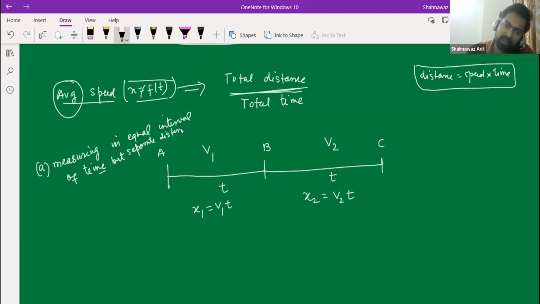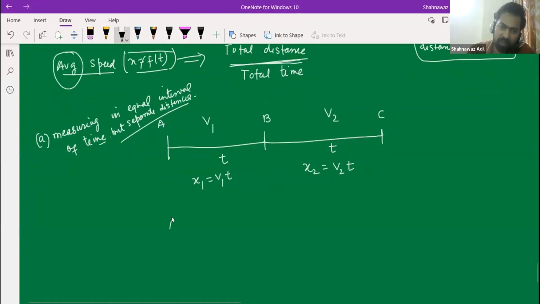Now if we use this formula, the average speed is total distance over total time.